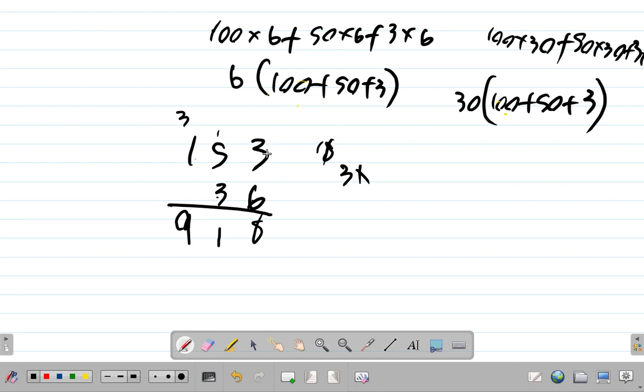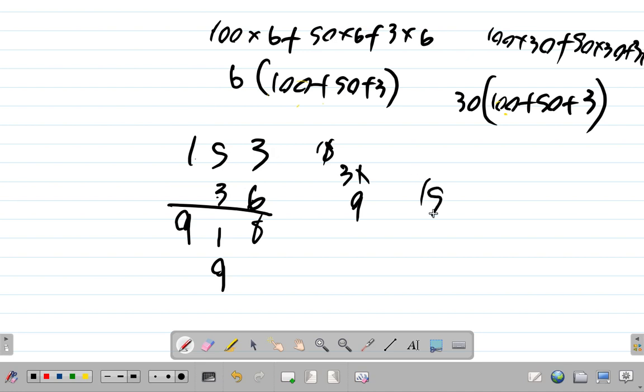And you say 3 times 3 is 9. You write the 9 as well, or really 90, but you write the 9 as well. You see the things where you carry? You can't get rid of them. You still use them.